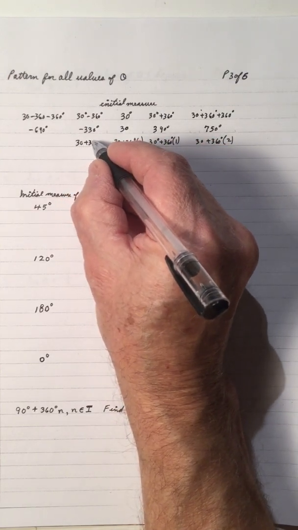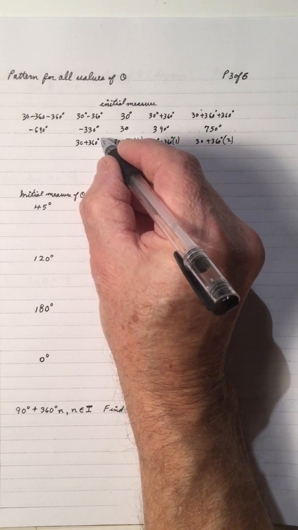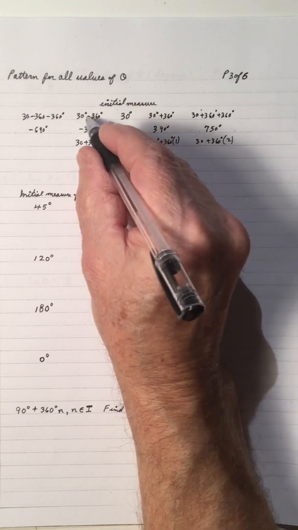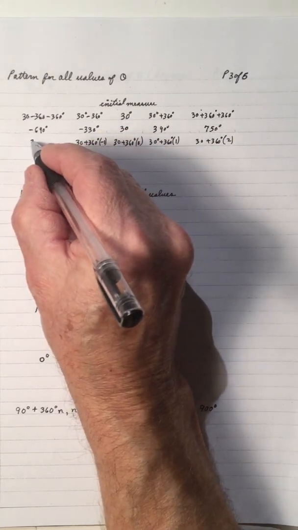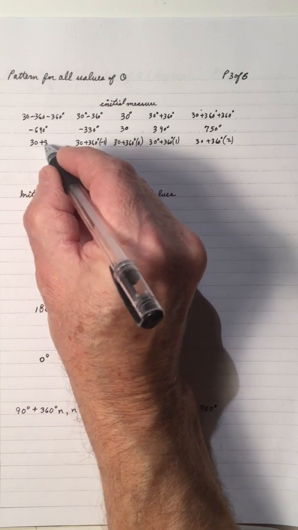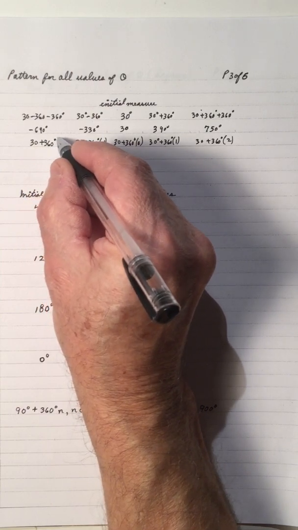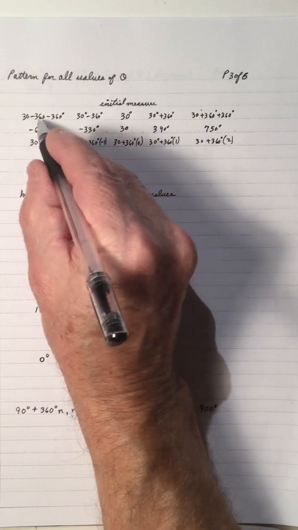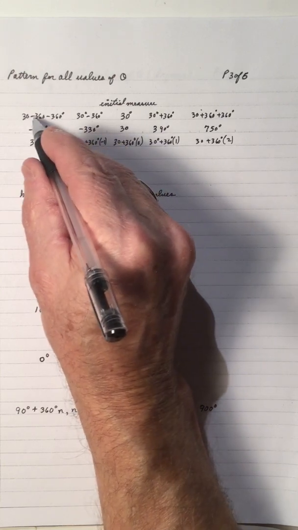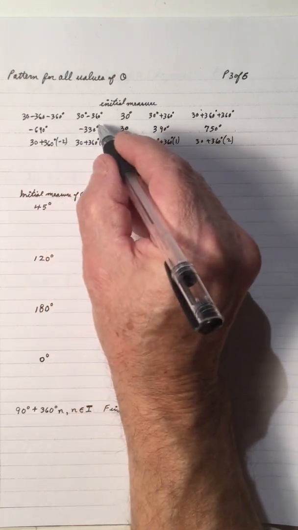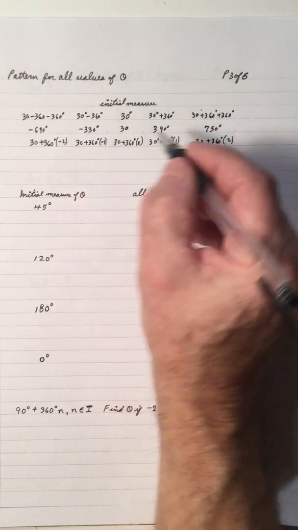And this is 30 plus 360 times negative 1. And this is 30 plus 360 times negative 2, because it's 1, 2 negative 360s.